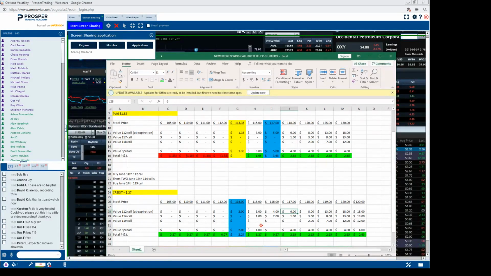Here's where that risk starts to come in. 5, 3, 0. We now start to go to a loss. Okay, 118.